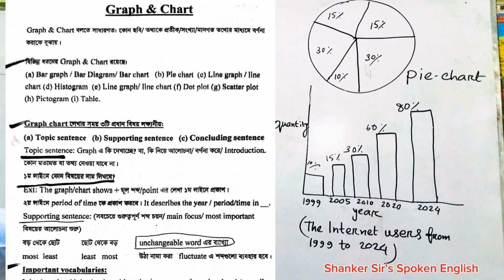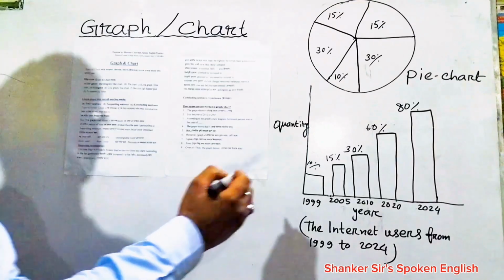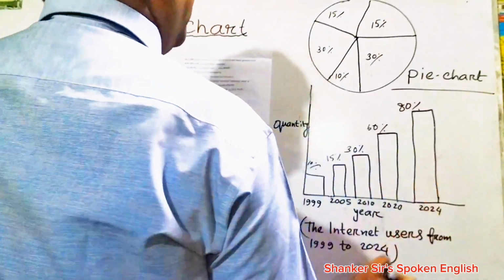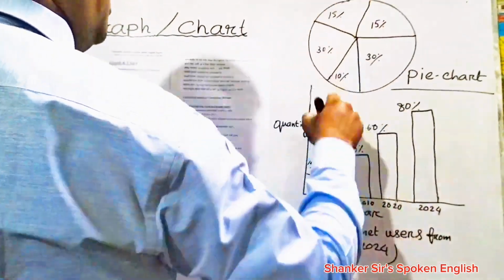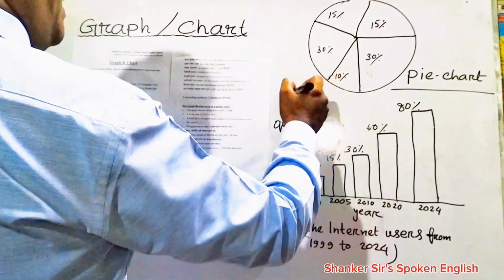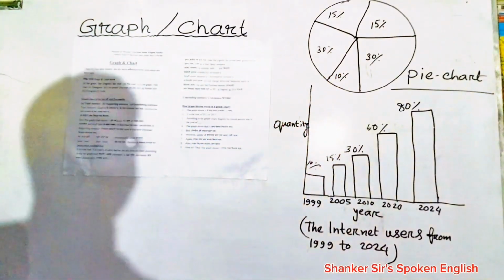How can you write a graph and chart? How can you explain it? This is very easy. First, for the students especially, I draw your attention to the pie chart on the right part of the board. Here you can analyze some activities, depending on the year of discussion.